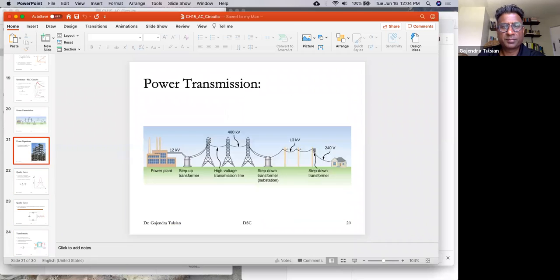For instance, at the station, power is generated with an amplitude of about 12,000 volts, and it is transmitted at 400,000 volts, so you have to have a step-up transformer. Of course, you don't want 400,000 volts coming into your house, so you have to have a step-down transformer. Here's 13 kilovolts, and this steps down to 240 volts, which is what's fed to your home.